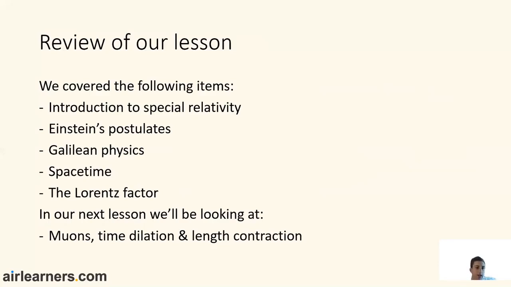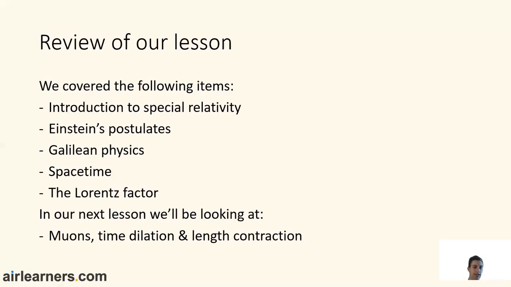We had a look at Galilean physics and why it doesn't work at high speeds. And we also had a brief look at space-time and how Einstein and Newton interpreted it differently. To finish off, we had a look at the Lorentz factor, which is that gamma equals 1 on the square root of 1 minus v squared on c squared.